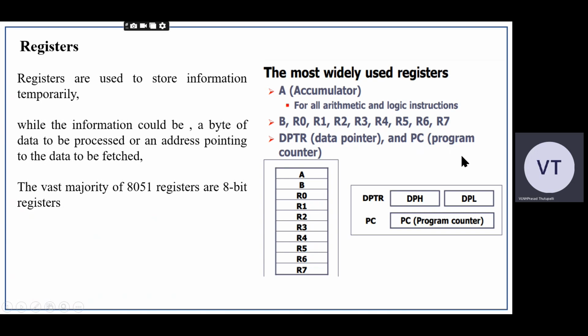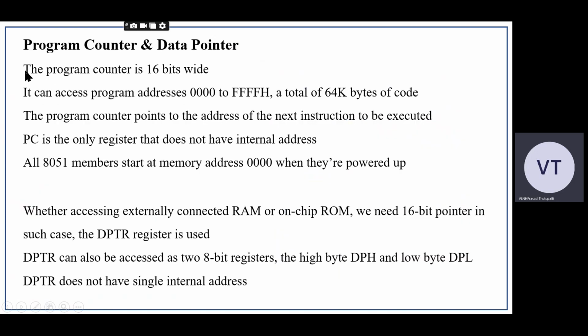The program counter is used to maintain the sequence of the program. The program counter is a 16-bit wide register, and it points to the address of the next instruction to be executed. The next point is that the program counter is the only 16-bit register that will not have any internal address.